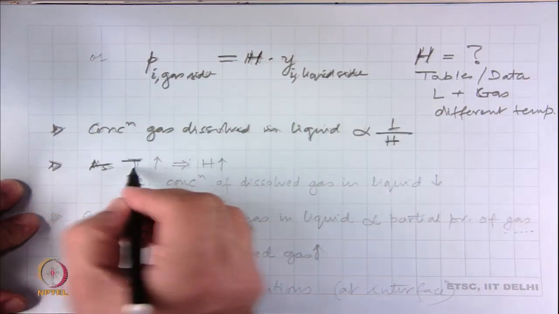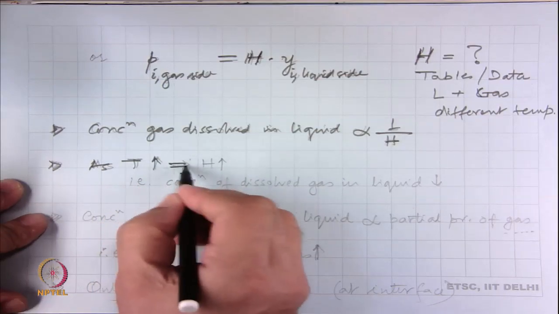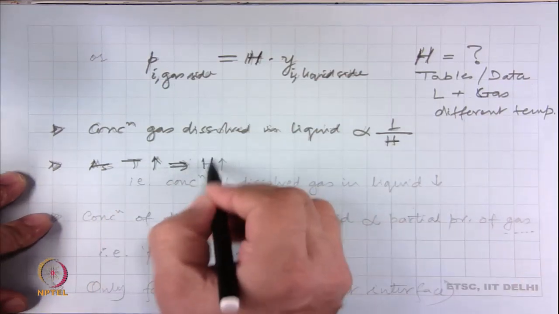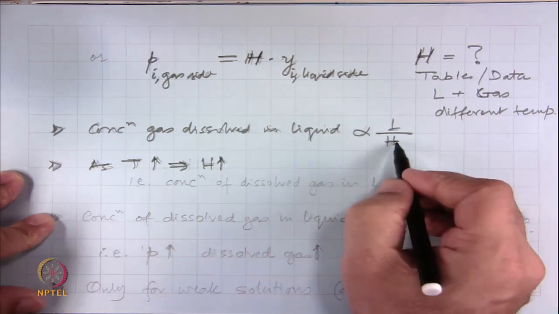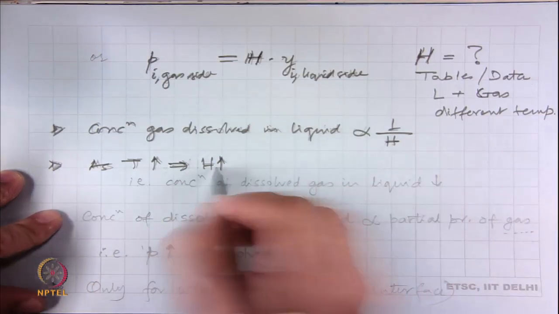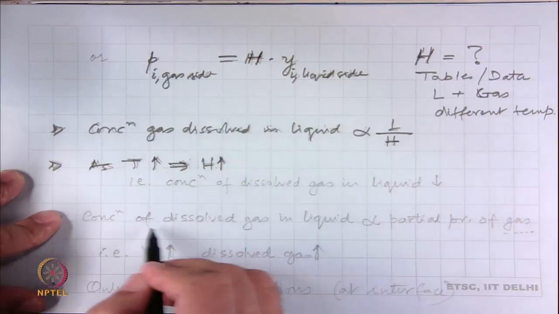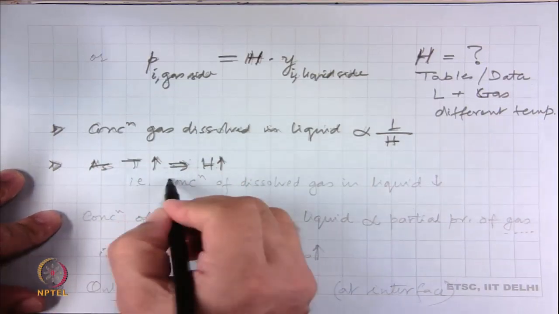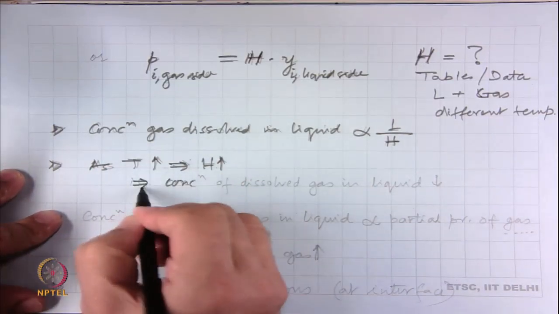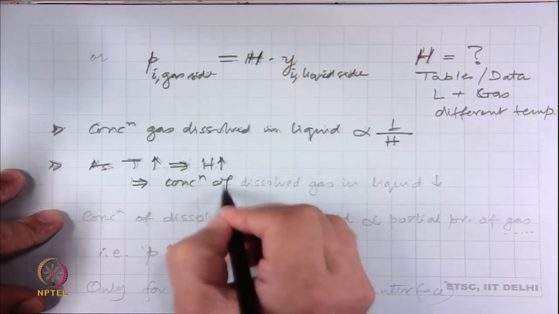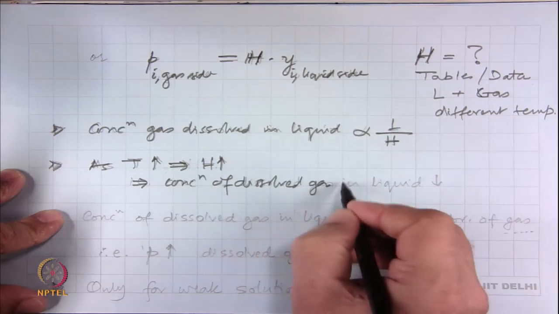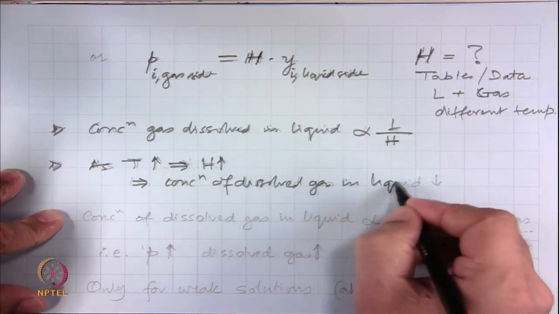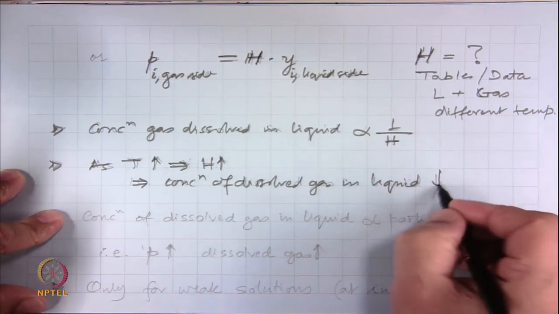Then, as T increases, the data will show from the tables that H increases. So, if you look at this point here, that means if H increases, the concentration of gas dissolved in the liquid goes down. So, the implication now is that the concentration of dissolved gas in liquid goes down.